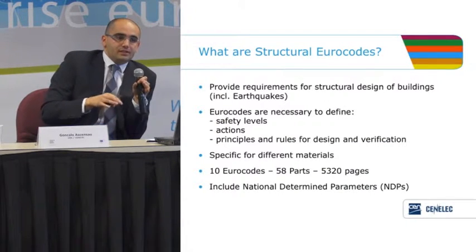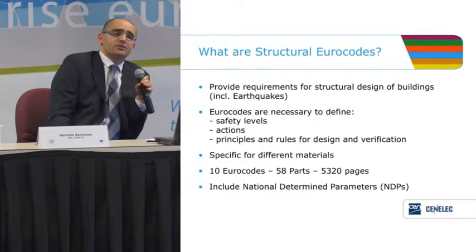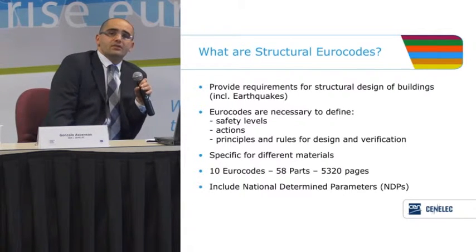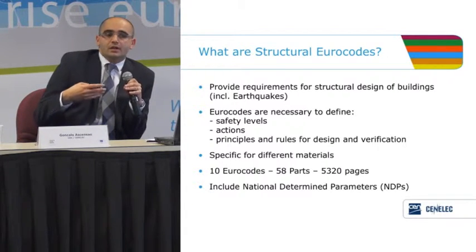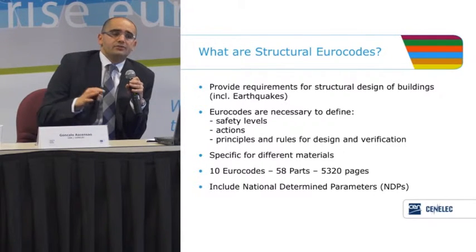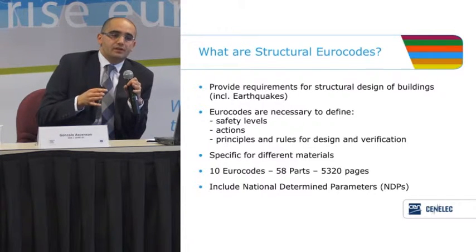Structural Eurocodes provide requirements for structural design. They are necessary to define safety levels, actions, principles and rules for design and verification. They are different for different materials. We have 10 Eurocodes currently, 58 parts and more than 5,000 pages.